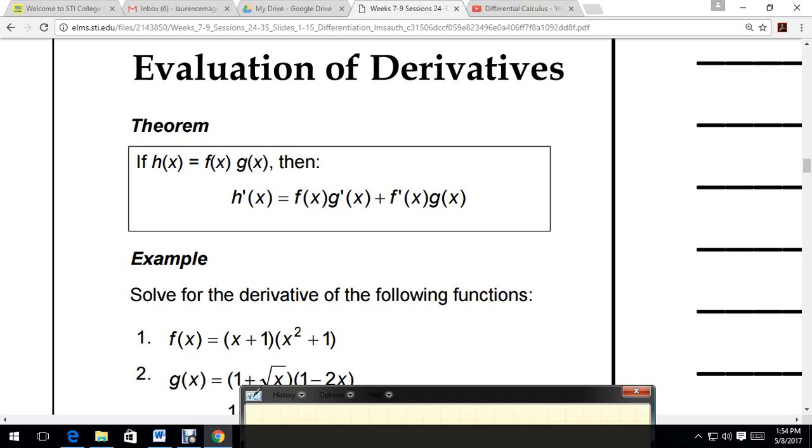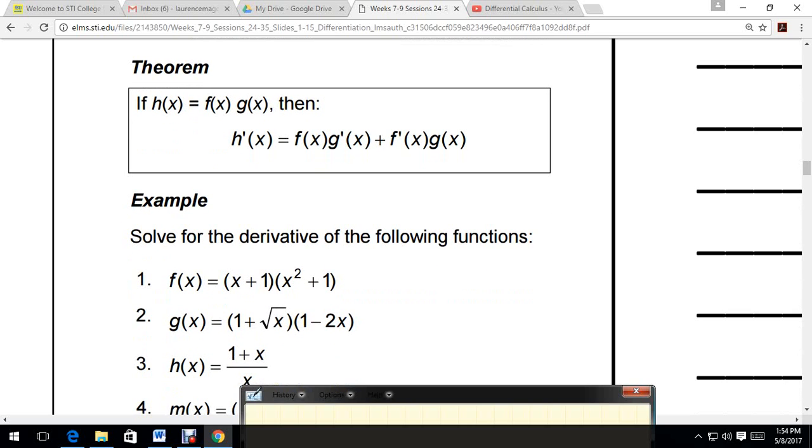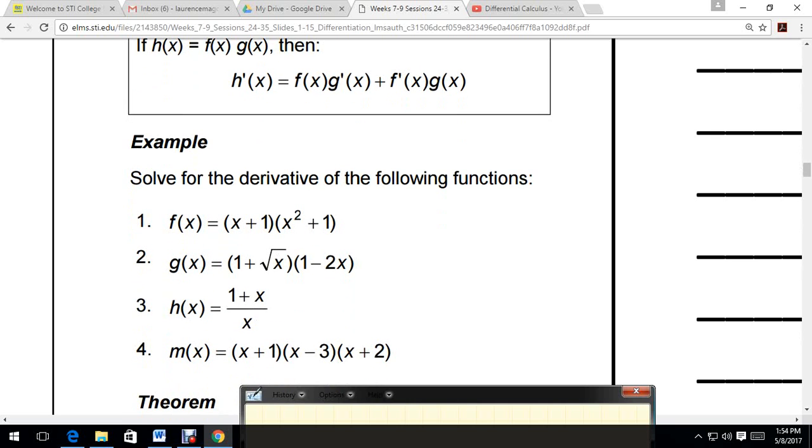Today's discussion would cover two of the most important techniques of differentiation. One is for composite functions in the form of terms that are multiplied together, and the other is for composite functions in the form of a fraction.